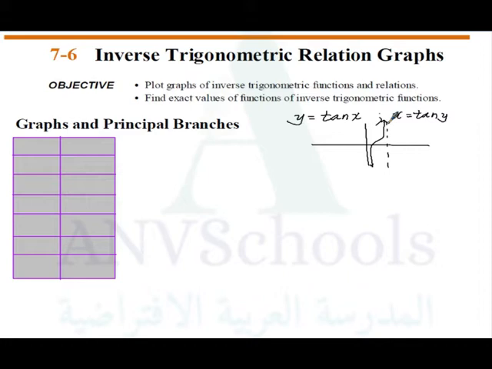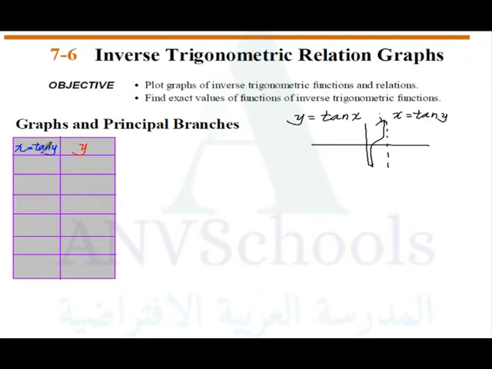So in other words, the y value here will be the independent variable, and the x values here are the dependent variables. So maybe we could put here the value of y, and this would be the value of x, which is the inverse of the tangent function. So x is equal to tangent y.